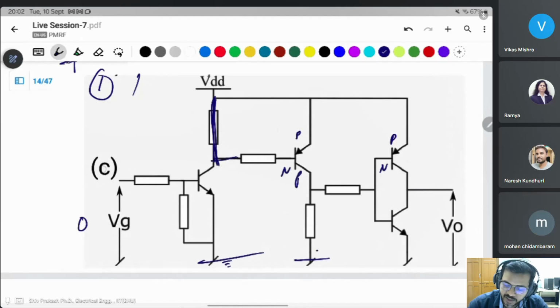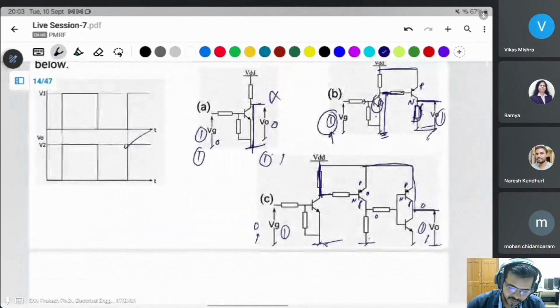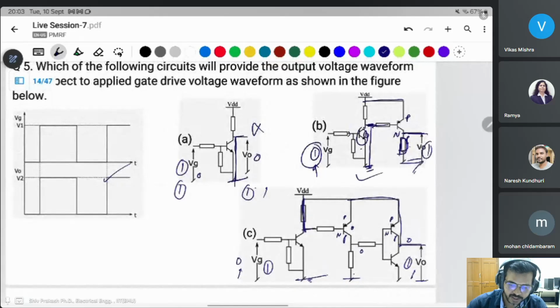Then there is a high base voltage here, and this will be 0, no turn off, and this will be 0, that means the PNP transistor will turn on, and this voltage appears directly on the output side, and this output will be high. It means if it is 0, this will be a 1, and if we give 1, this will be a 0. This will be complementary switches. That's why for this question, B option is correct.